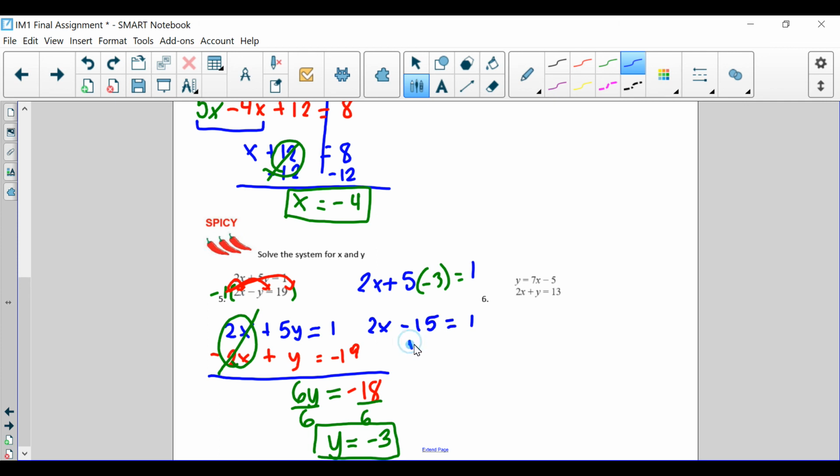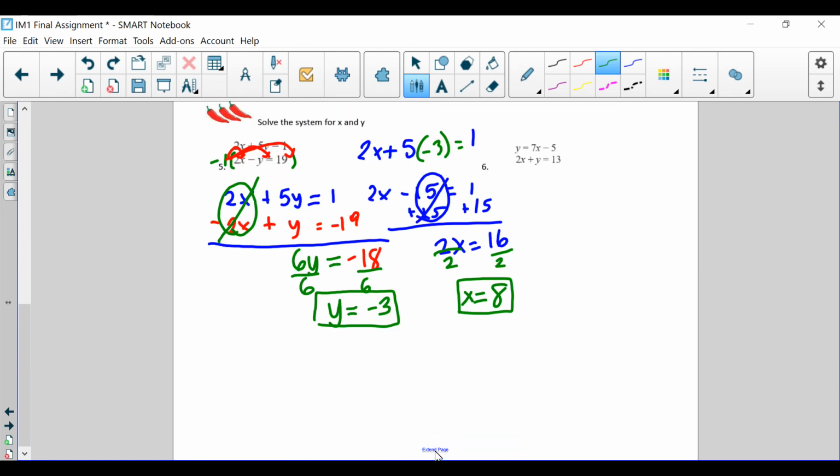Then we're going to add that 15 to both sides. We end up getting 2x is equal to 16. And then lastly, we're going to divide by 2, and we get x is equal to 8. So in this situation, we've got 8 and negative 3.